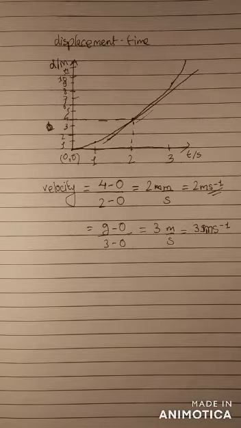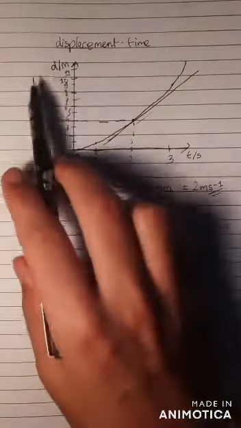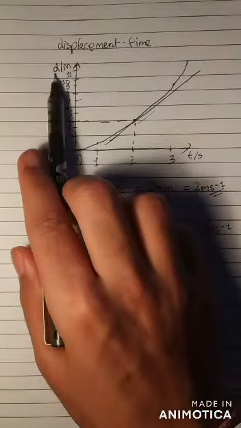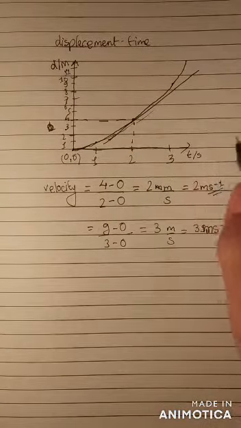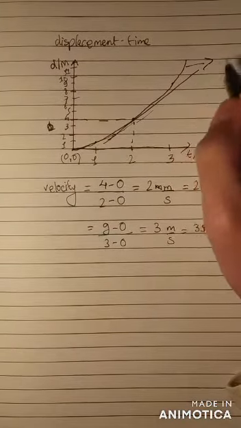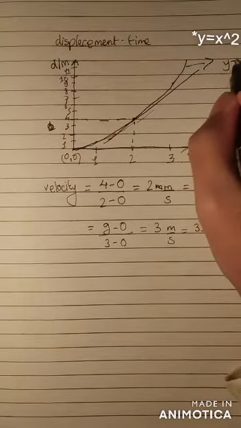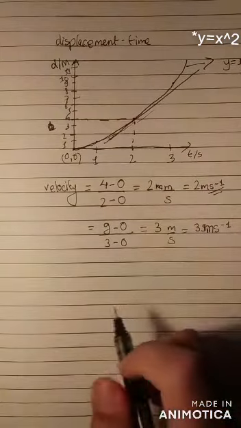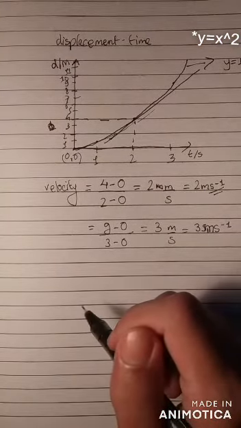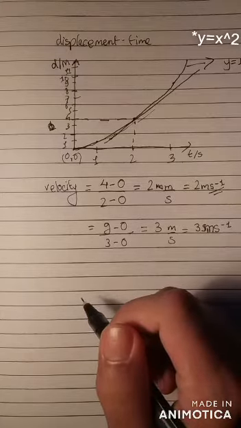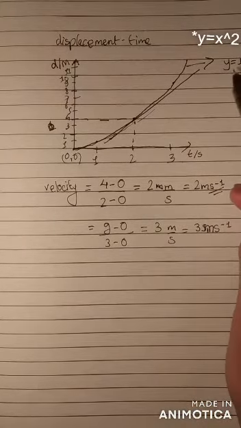Now, as you may have noticed, the graph shown here resembles the graph of y equals x square. That will come in handy later.